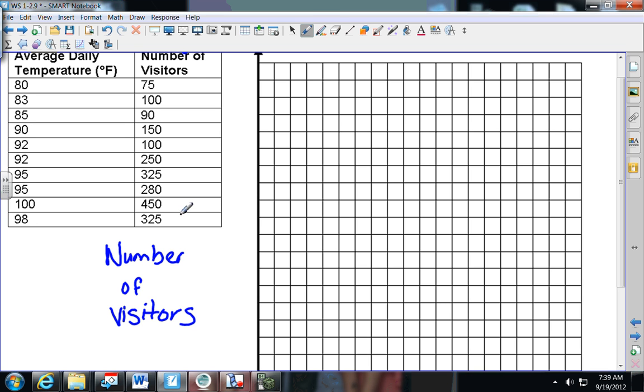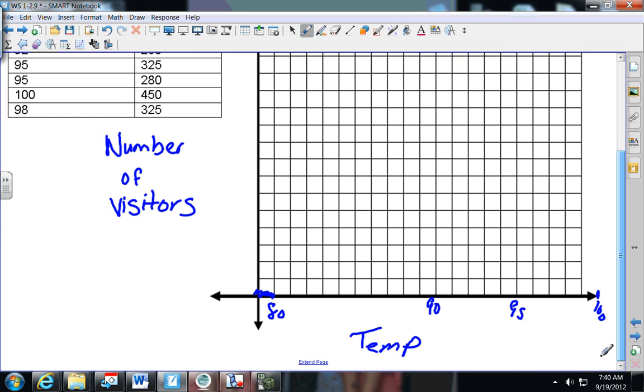Anybody have any ideas? Yeah, but there's a lot. Yeah, I know. There's not as much for hundreds. Let's try this. Let's go by 25s. So let's go right here and make a little squiggly. And we can start at 75. Our first one will just be a little bit lower there.